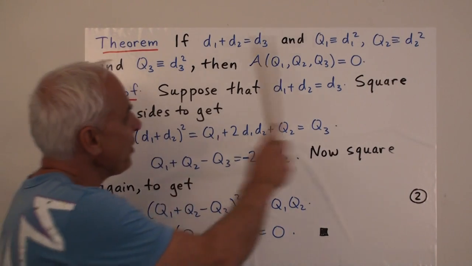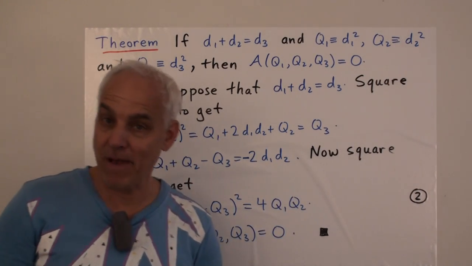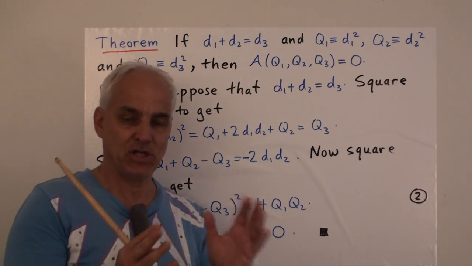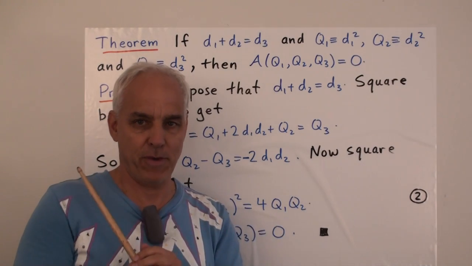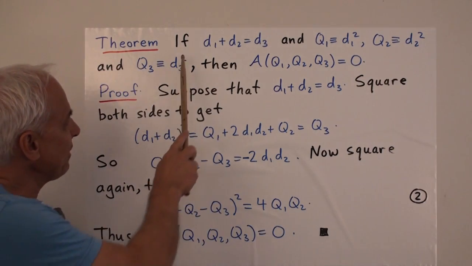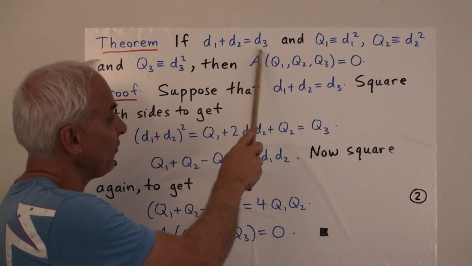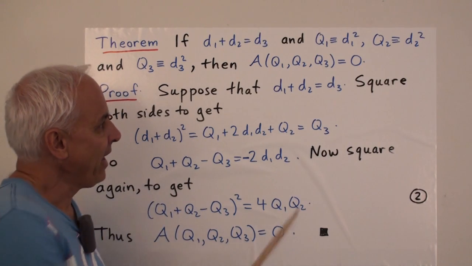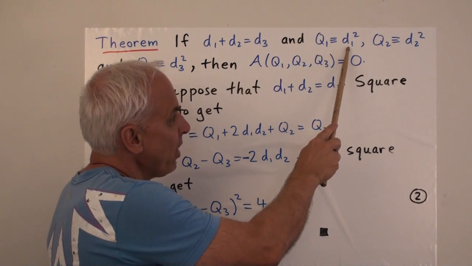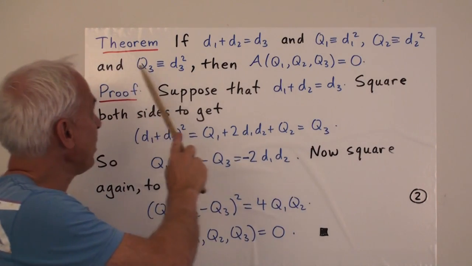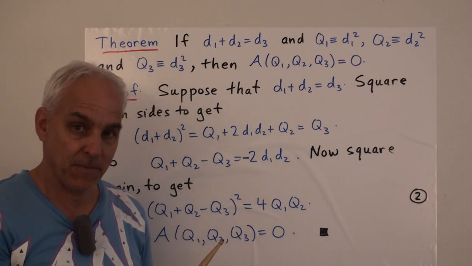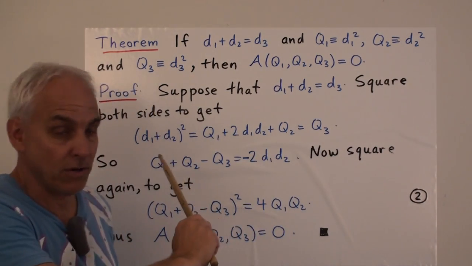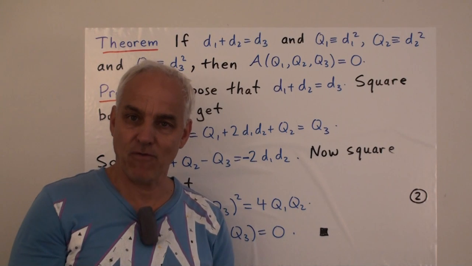Alright, so here is a very algebraic, in fact an arithmetical theorem that gives us another reason for appreciating the importance of this triple quad formula. So the theorem is that if D1 plus D2 equals D3, and you can think of these as just being rational numbers, and we define Q1 to be the square of D1, Q2 to be the square of D2, and Q3 to be the square of D3, then the relationship between the 3 squares, Q1, Q2, and Q3, is that they satisfy the triple quad formula.